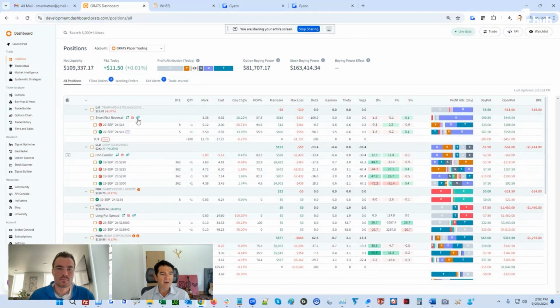We also did a hard to borrow trade, one of our first ones here, where we basically did a combo where you sell the calls and buy the puts on the same strike. So that's basically 100 deltas negative, and then you buy 100 deltas.